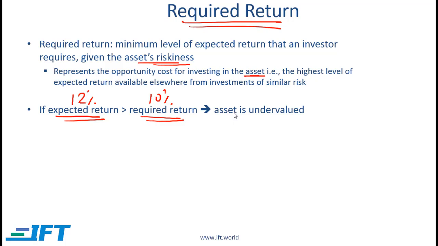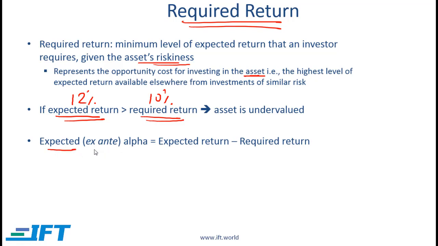On the other hand, if the expected return is 8% versus a required return of 10%, then the asset is overvalued. If the expected return and the required return are the same, then we say that the asset is fairly valued. In an efficient market, the expected return and the required return will be the same.